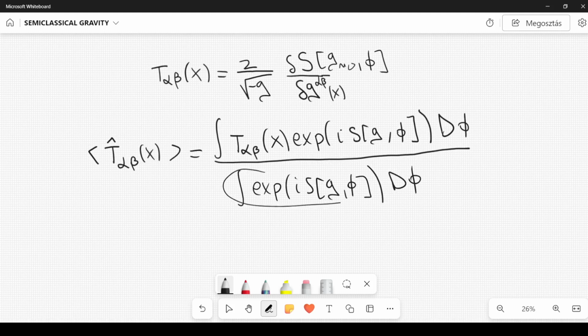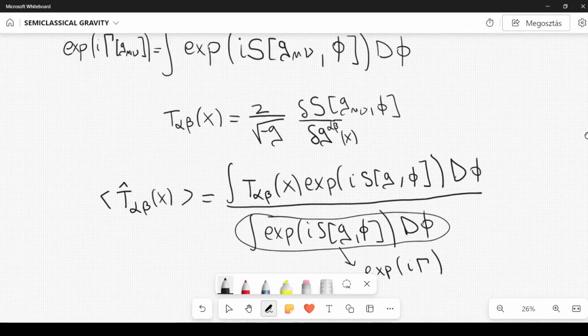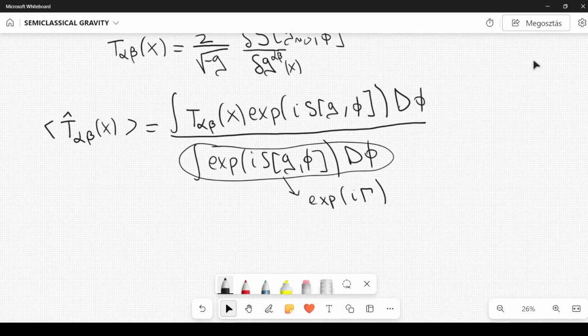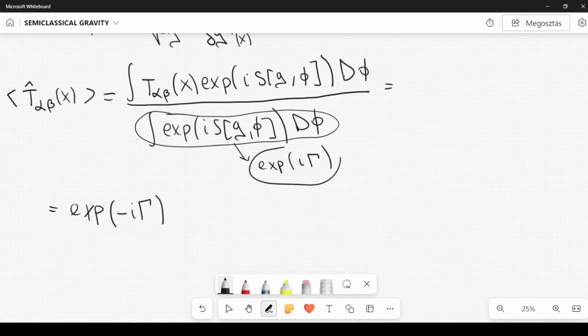Now notice that what we have in the denominator is basically just the exponential of i gamma that we defined previously. And you can notice that we can rewrite this as the exponential of minus i gamma, and it is basically just this term here.